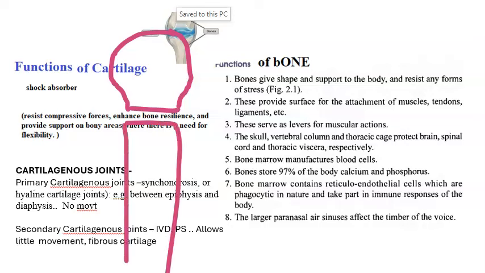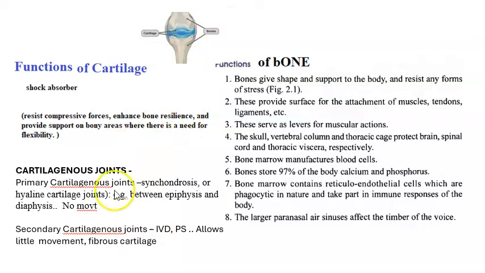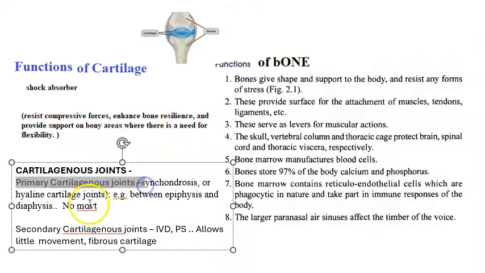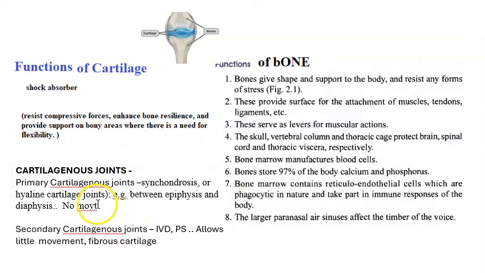Between these two you have the cartilage. So this is a primary cartilaginous joint, hyaline, and later it will ossify, correct? So this is a primary cartilaginous joint. It doesn't allow movement.